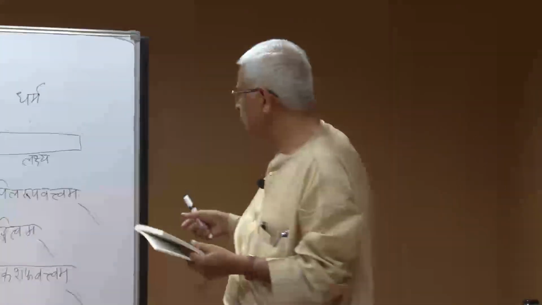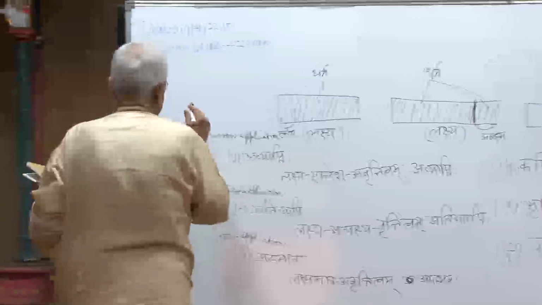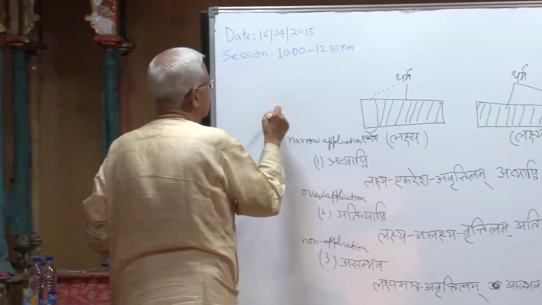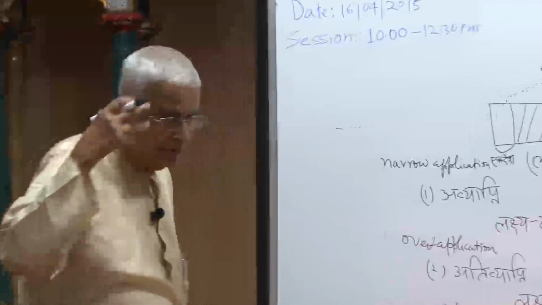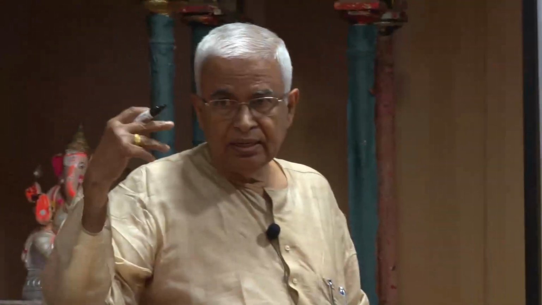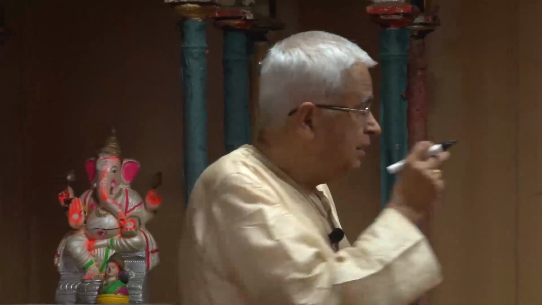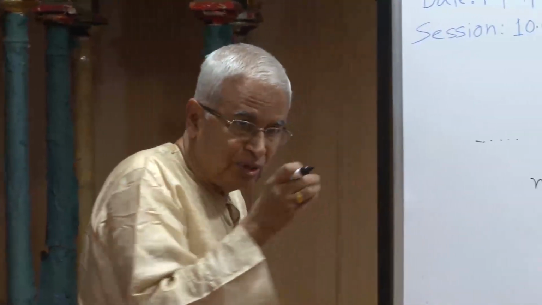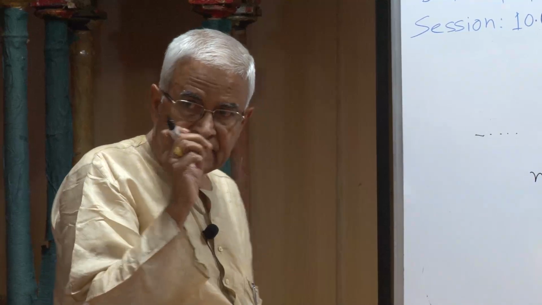So from Paramanu, when the creation began, Paramanus were available with God. He had a desire, and the desire created activity in the Paramanus. So they came together.